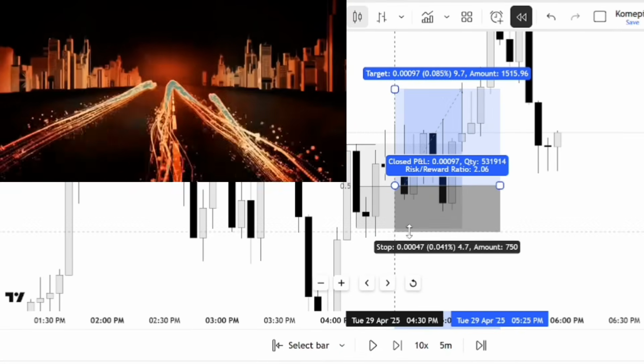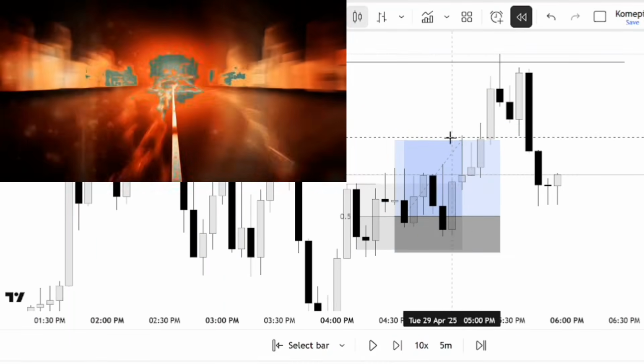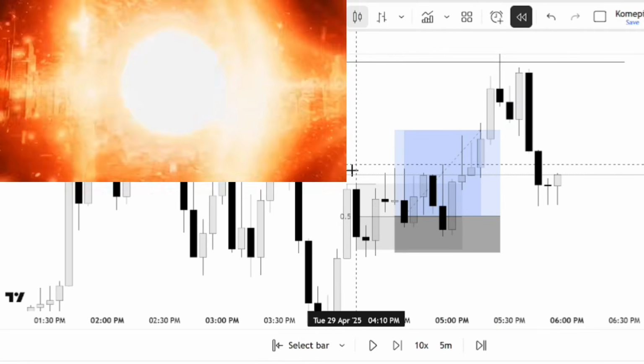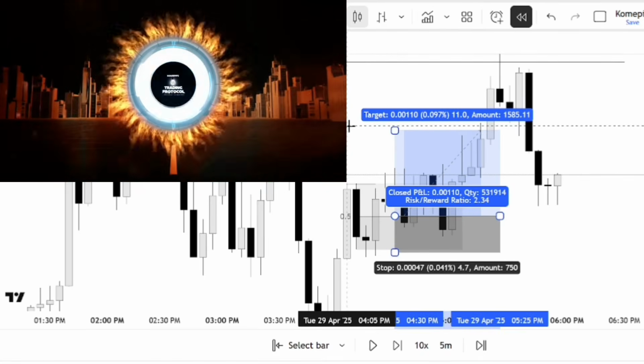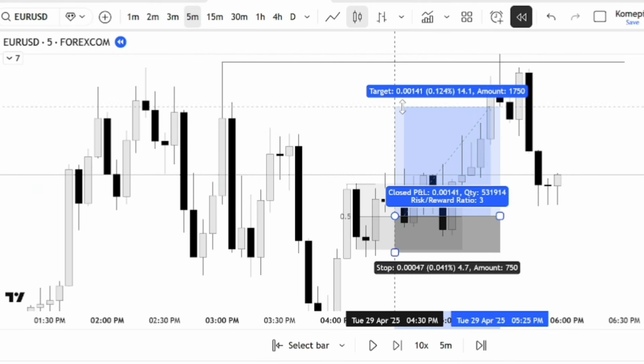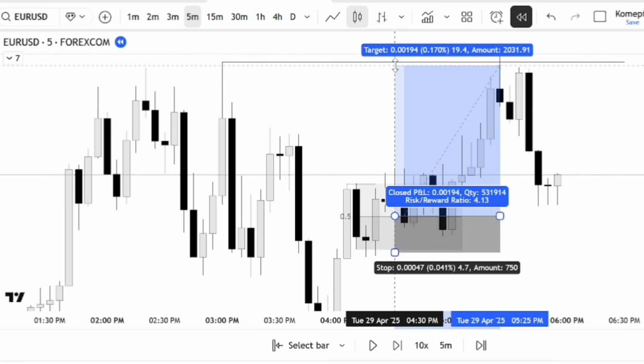And stop loss below this particular iCRT level. Target, this becomes the nearest target. And of course, if you are not comfortable with 1 to 2, just extend to 1 to 3. And of course, this is the next target.